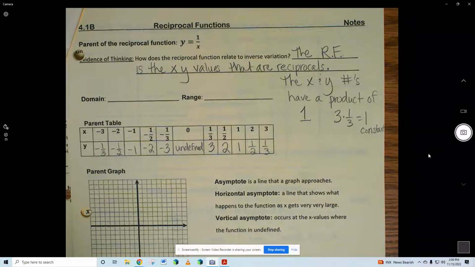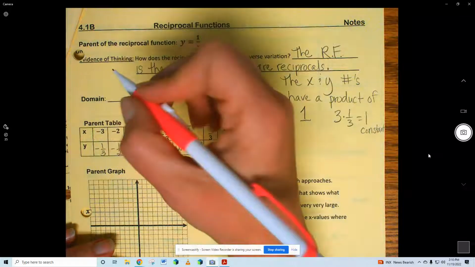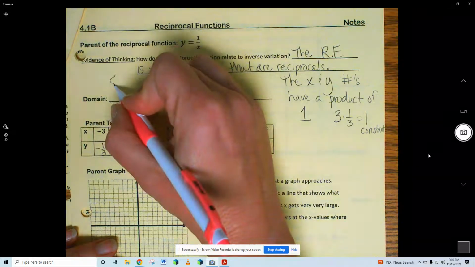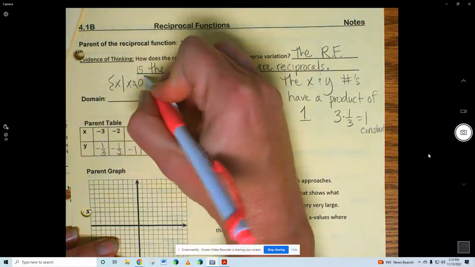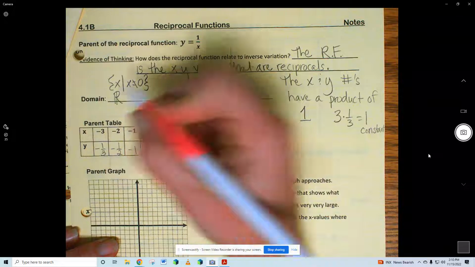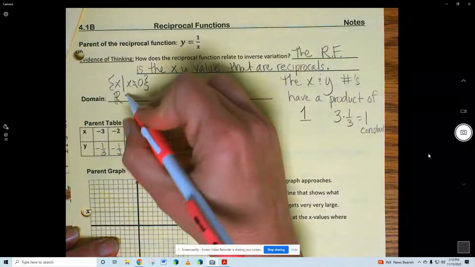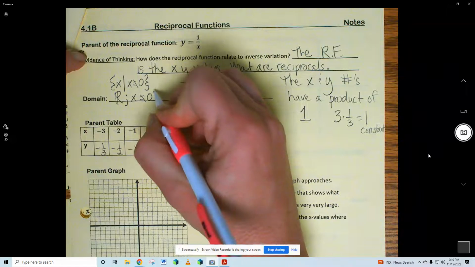The domain is going to be all real numbers. So it's written like a couple ways. I can do it like the graphic organizer did. X such that x cannot be 0. Or I can say all real numbers, like that special R, and then you put a semicolon, x is not equal to 0.